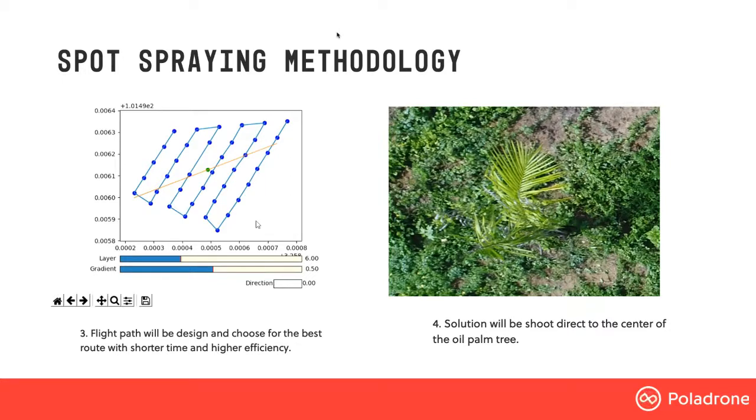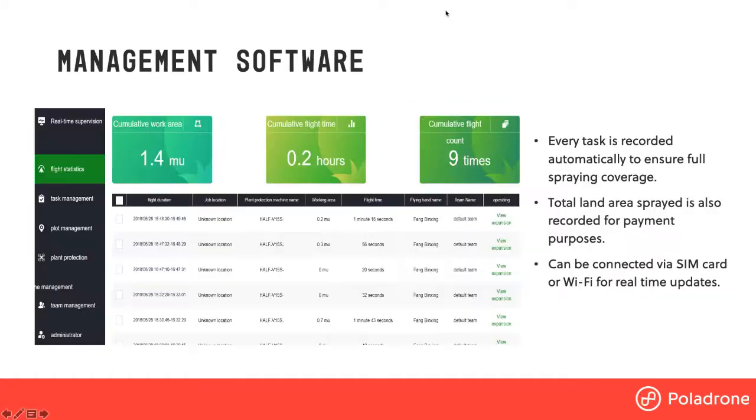Also, for the PV16S, we have plugged in the management software in the next slide. The management software can help to monitor your worker performance and come up with a management dashboard.